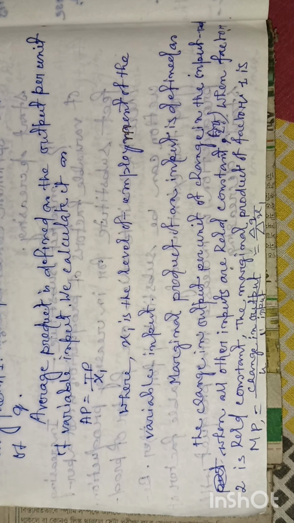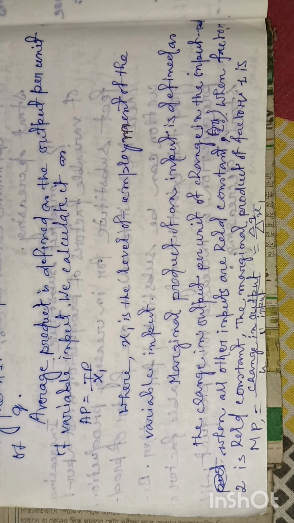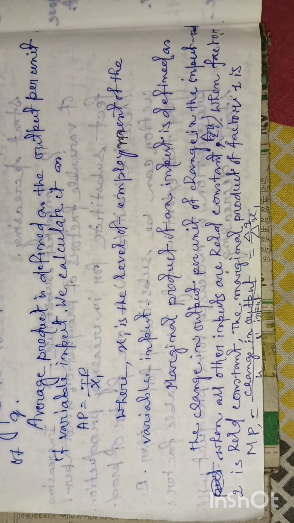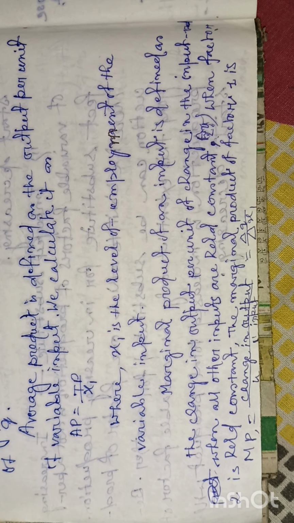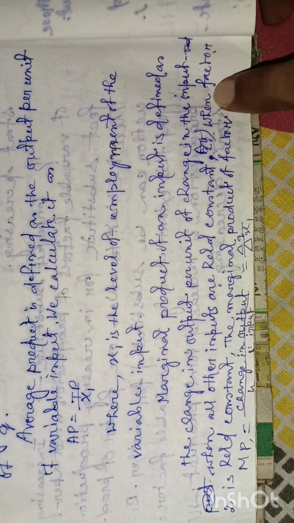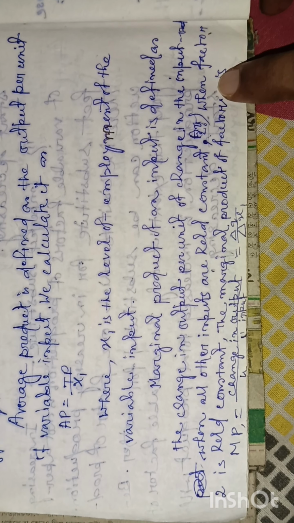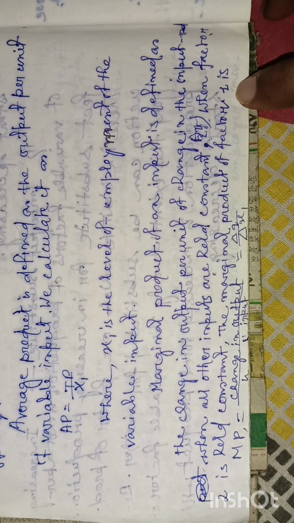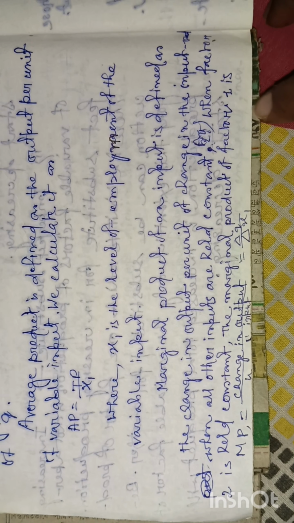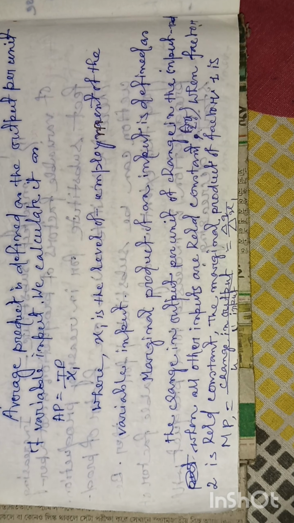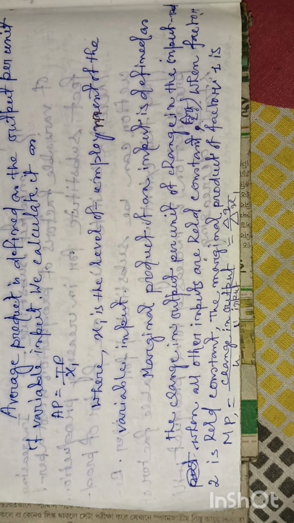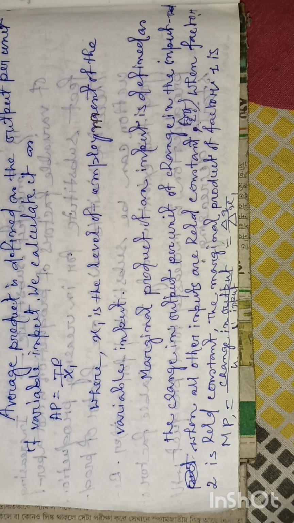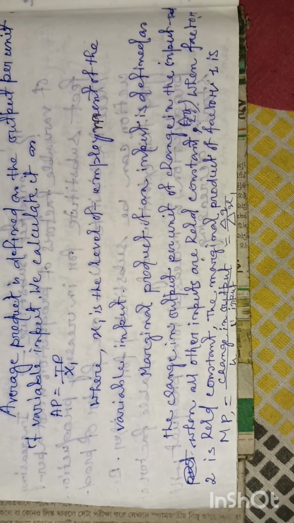Marginal product of an input is defined as the change in output per unit of change in the input when all other inputs are held constant. When factor 2 is held constant, the marginal product of factor 1 is MP equal to change in output by change in input.